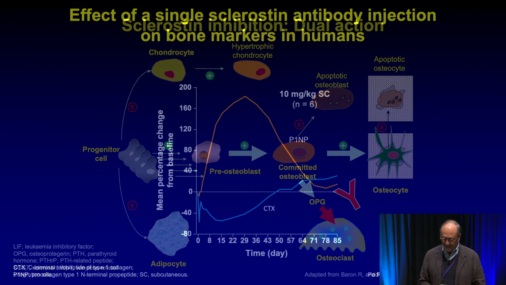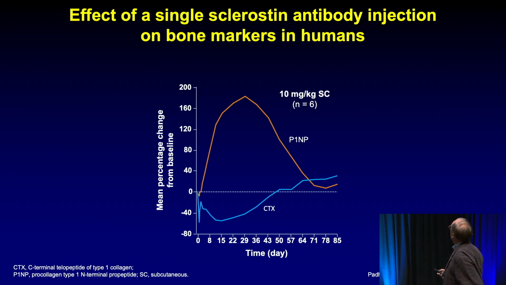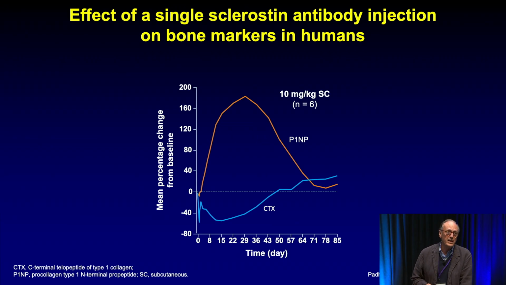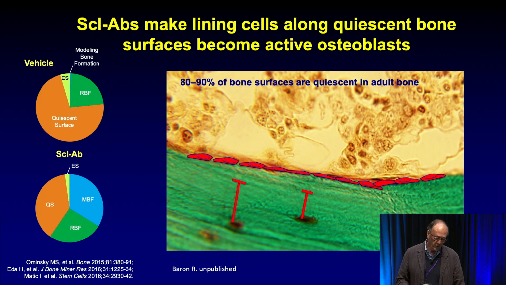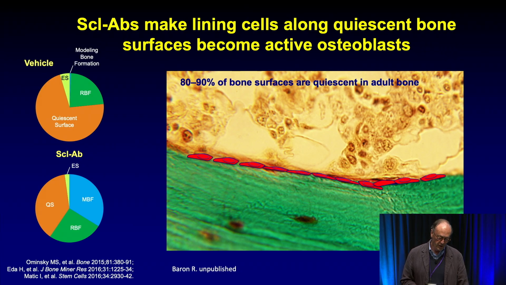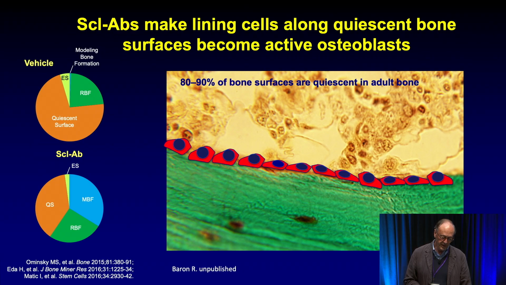And lo and behold, this is exactly what was observed. The surprise was not the amplitude of the increase in bone density, in bone formation, but the amplitude of the decrease in bone resorption. The mechanism by which it does that, and I'm just going to speed things up seriously, is by activating quiescent surfaces.